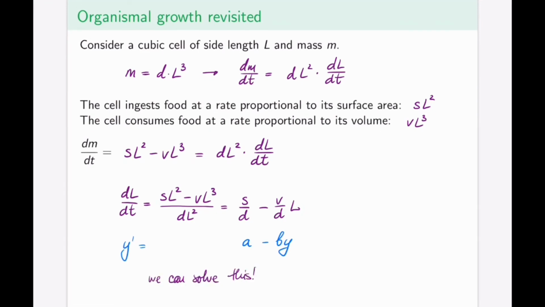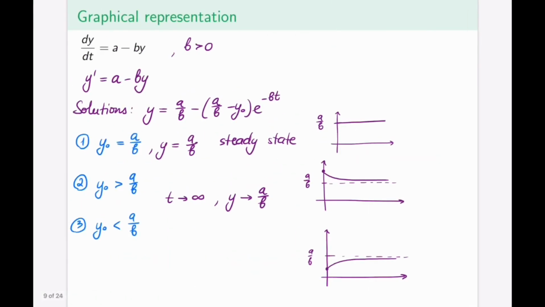Now, I'm not going to write out the general solution formula for this particular application, but I encourage you to do so for practice. What I will point out, however, that is important is that, recall from the last slide, when we analyzed equations of this form, we noticed that their solutions have either a steady state at a over b or a horizontal asymptote at a over b.